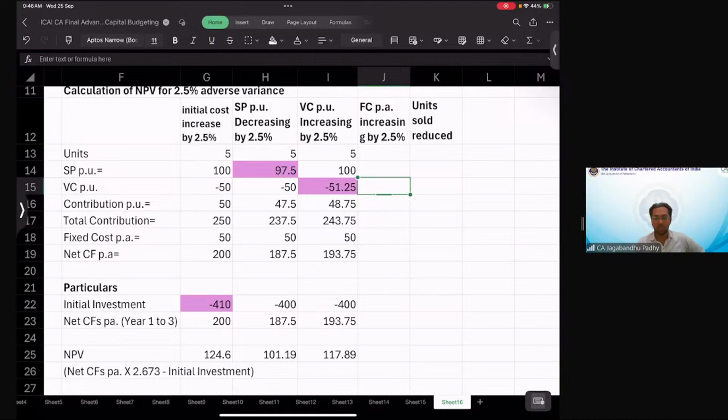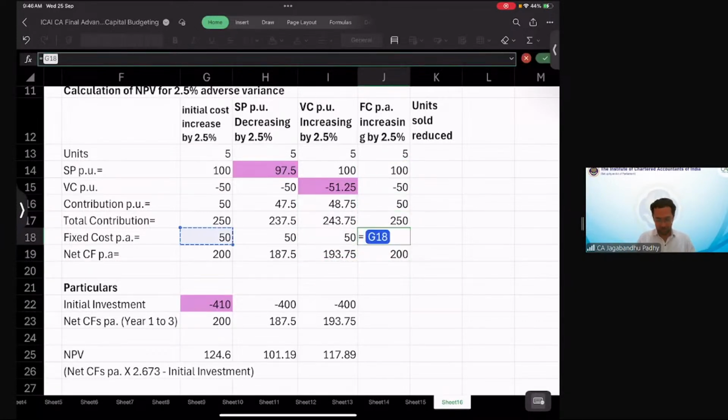Then if the fixed cost per annum is increasing by 2.5%, so units will remain same, sale price will remain same, variable cost will remain same. Contribution is also going to be same per unit, but fixed cost is going to increase by 1.025.